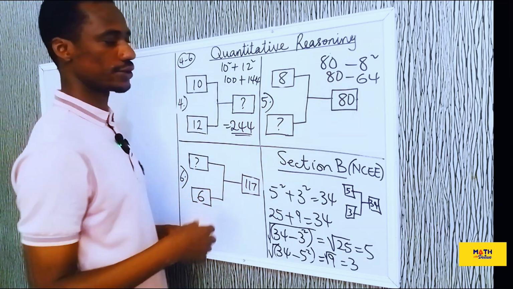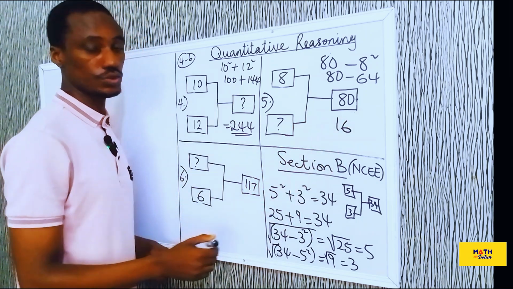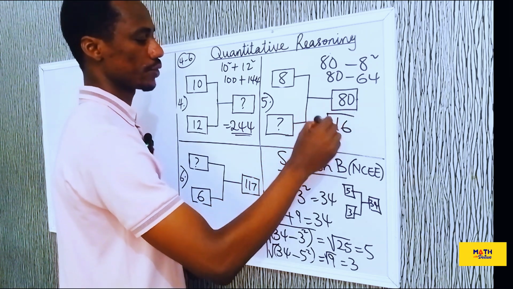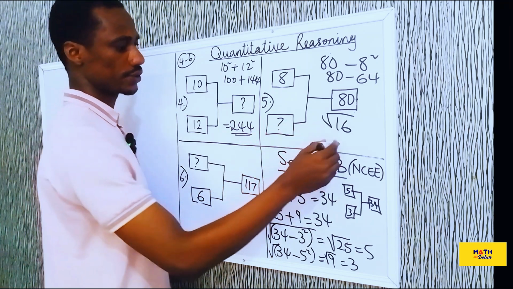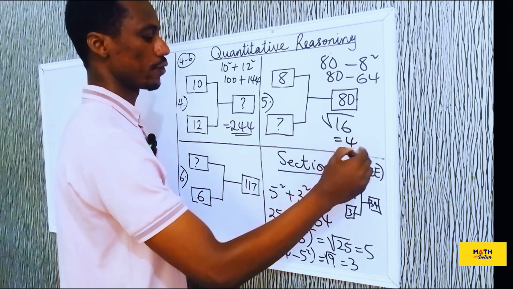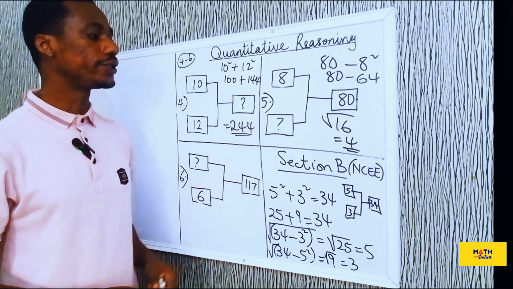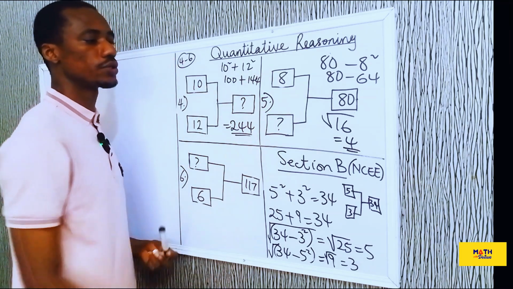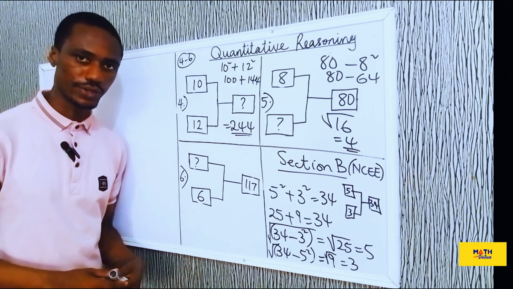So that's 80 minus 60, 20. 20 minus 4 is 16. And then I'll take the square root of 16. What number will I multiply by itself to get 16? That is 4. So 4 goes into the box. So 4 squared plus 8 squared equals 80. You can check that to be sure your answer is correct.